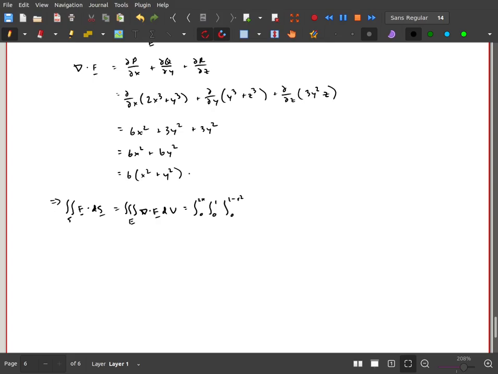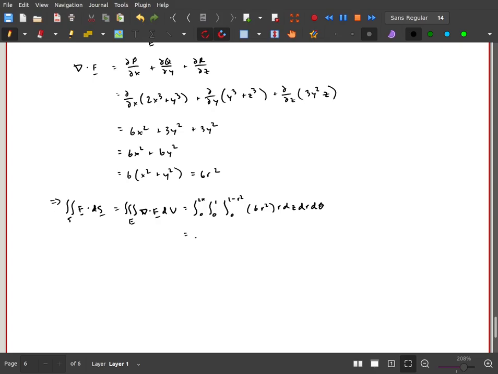Then we'll need to convert this divergence into cylindrical coordinates, which is 6r squared. The conversion factor is r, in this case dz, dr, d theta.